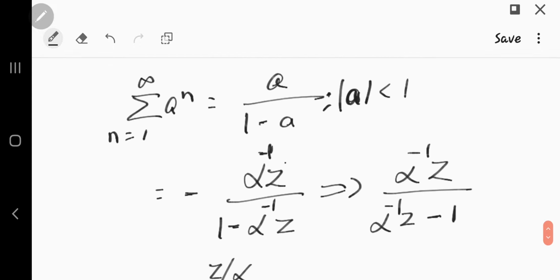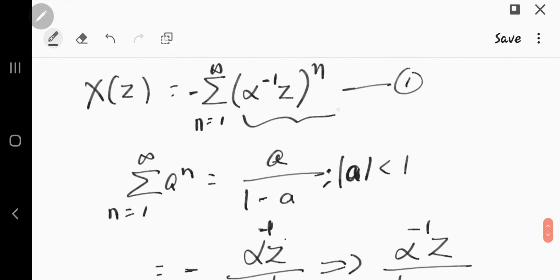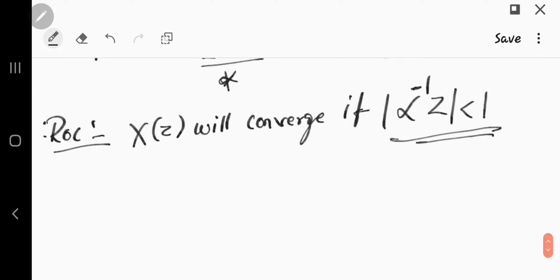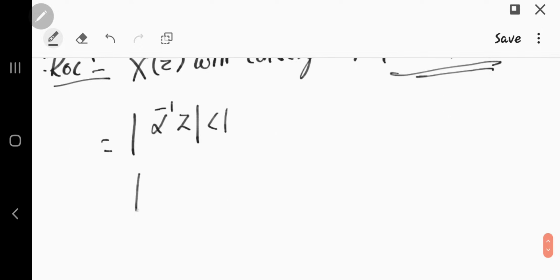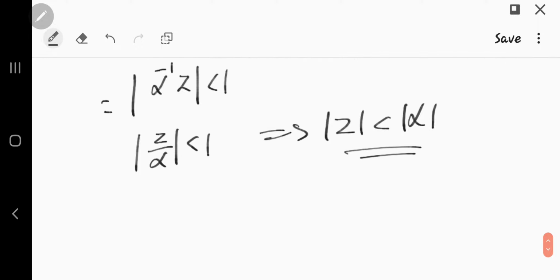Here you can see the condition, in place of alpha inverse z: if |alpha inverse z| is less than 1, if this condition is satisfied, then z by alpha is less than 1, so that gives |z| less than alpha. So here the value of z will be less than alpha.